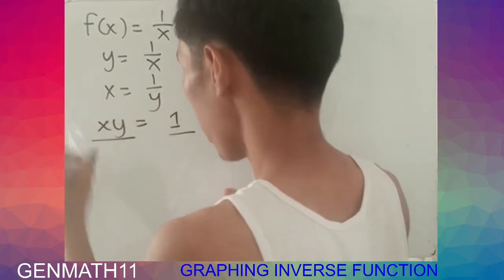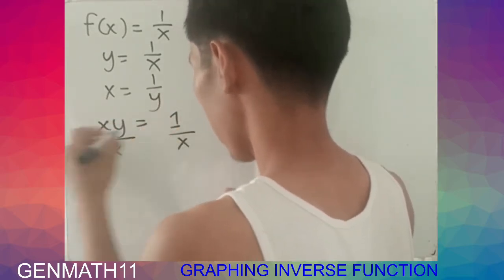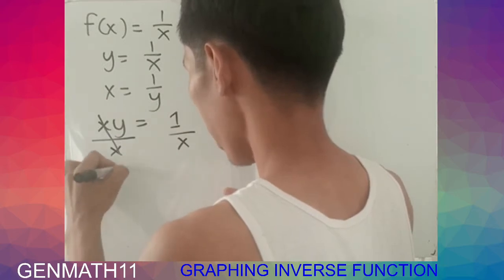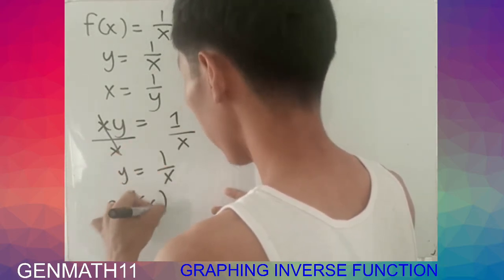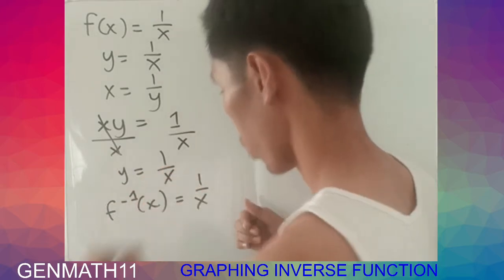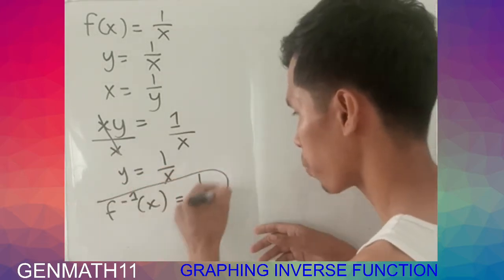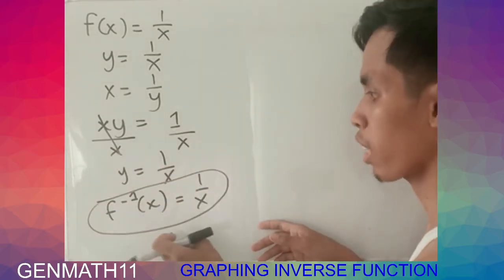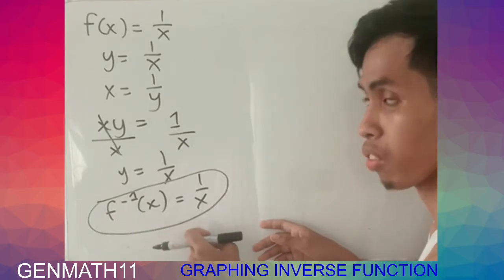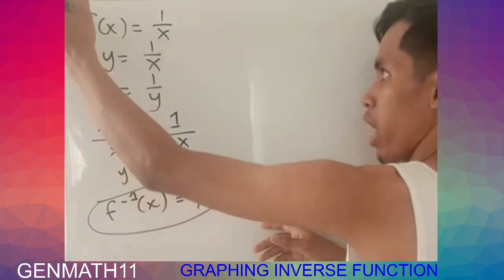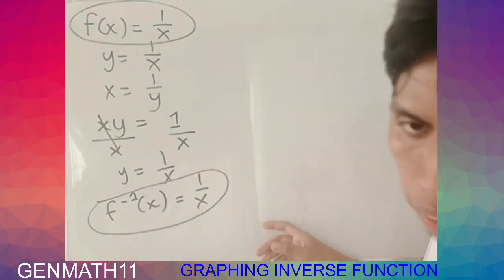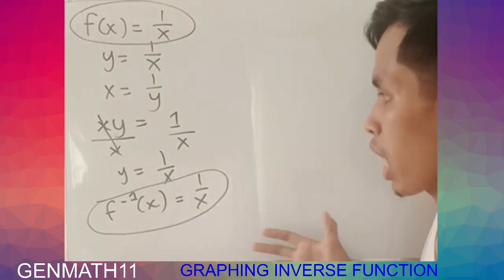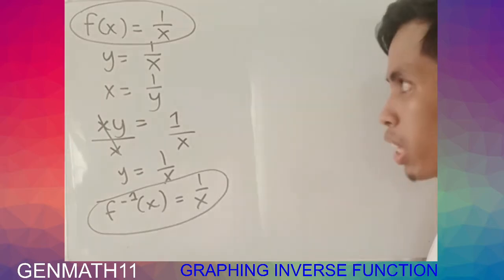Divide both sides by x. So, y equals 1 over x, which is the inverse. So, you will notice that the inverse function of the original function has the same value. Even if you reverse it, its domain and range are still the same.